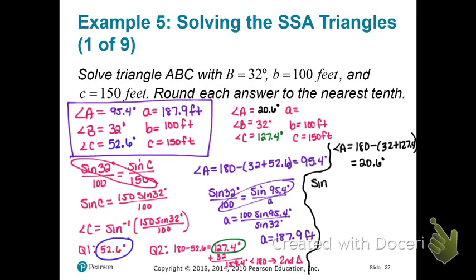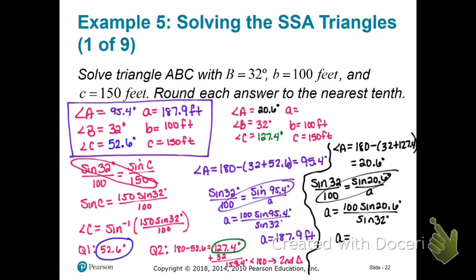And then we can use our law of sines to find side A. And so what do we get for side A? 0.4? 66.